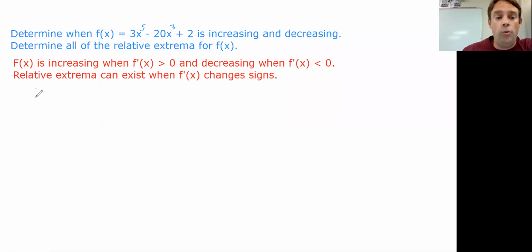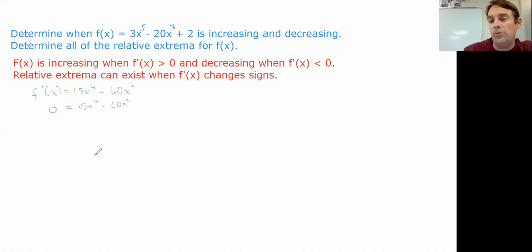So derivative time: f prime of x equals 15x to the 4th minus 60x squared. And I'm going to set it equal to 0. So I gave myself permission to do a derivative.